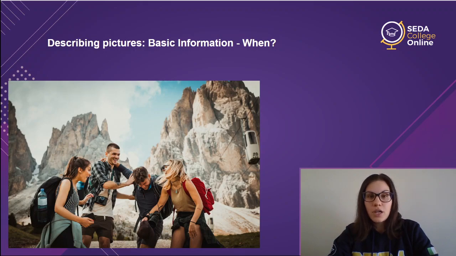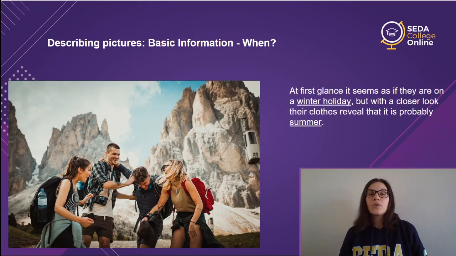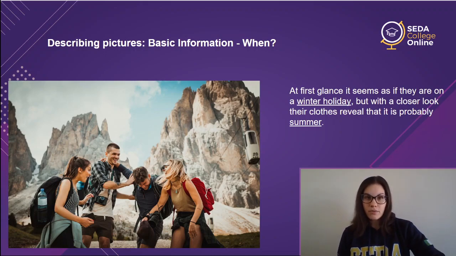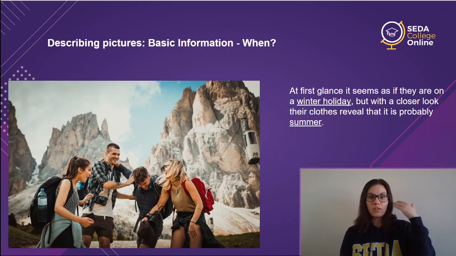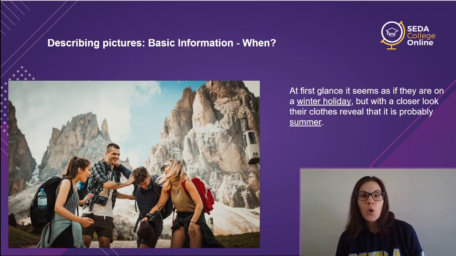You can continue writing, as I said again, and let's see one example of what we could write. Now, here I say, at first glance, like looking at it for the first time, it seems as if they are on a winter holiday because I saw the mountains. Okay, but with a closer look, their clothes reveal that it is probably summer.